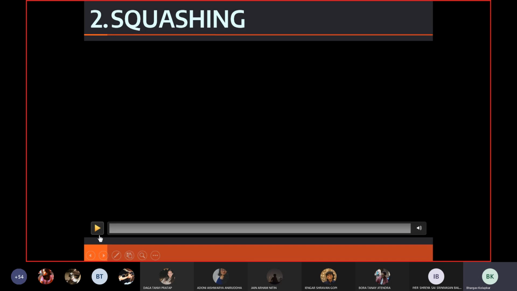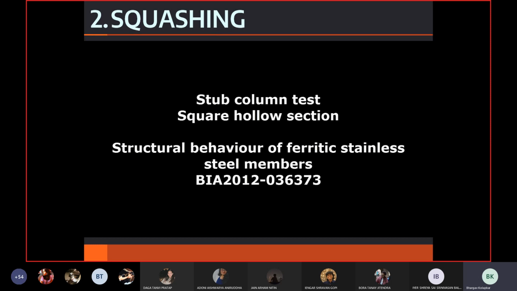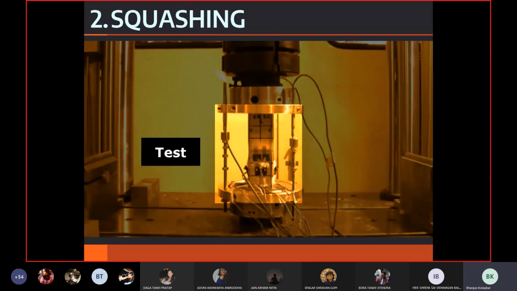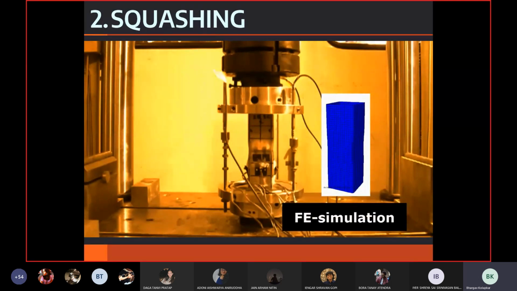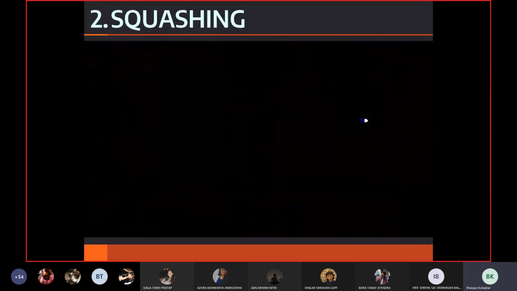So this is just an experimental setup for finding out the design strength of a short column. Just get a feel of the scale of the reduction in the length of that column.